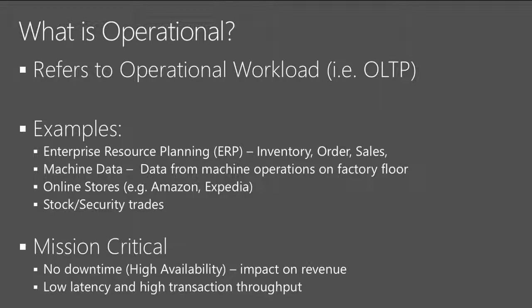And also you want your transactions to be low latency, to finish quickly, and to scale, because when the workload increases, you do not want your operational system to suffer in terms of bottlenecks so that it does not get the business that you want, right? So the key point about operational systems is that they are mission critical, always available, and have to scale and have good response time.